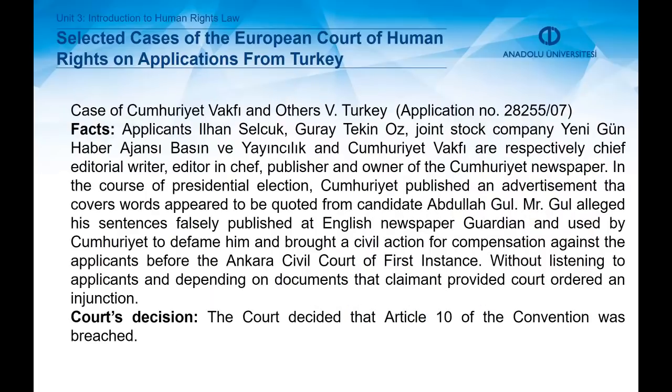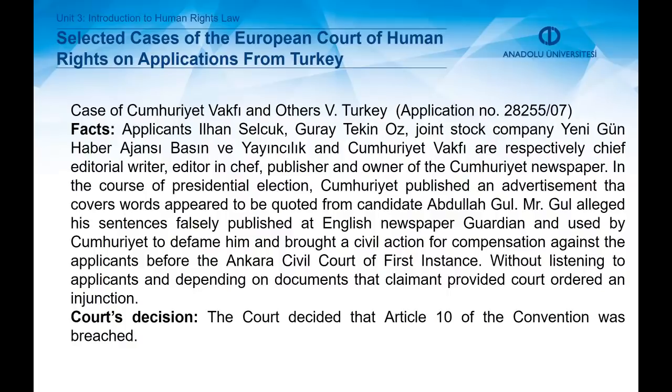And the case of Cumhuriyet Vakfı and others versus Turkey. Applicants İlhan Selçuk, Güray Tekin Öz, the Joint Stock Company Yeni Gün Haber Ajansı Basın ve Yayıncılık, and Cumhuriyet Vakfı are respectively the Chief Editorial Writer, Editor-in-Chief, Publisher and owner of the Cumhuriyet newspaper.